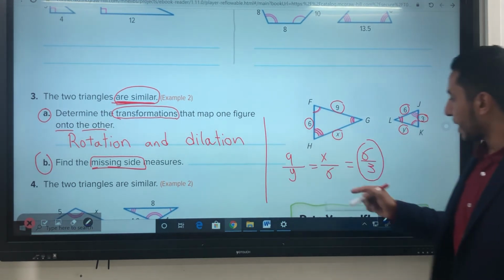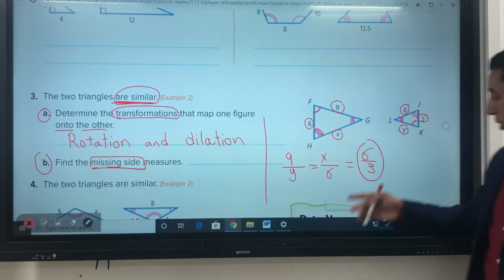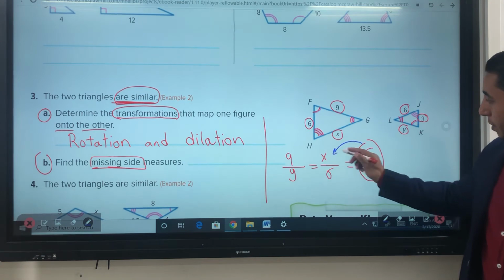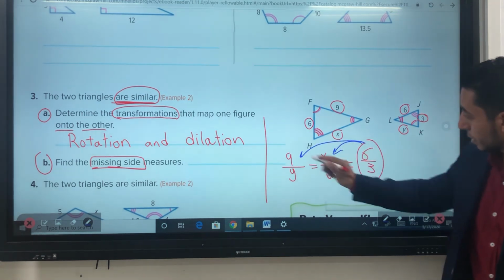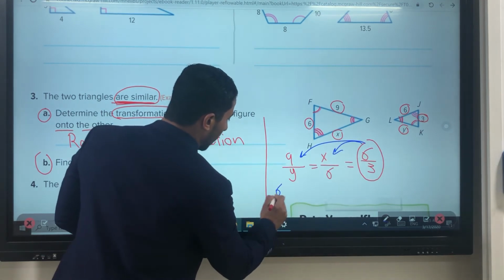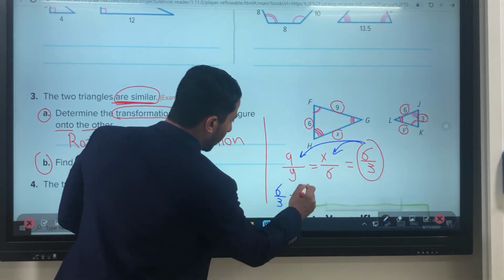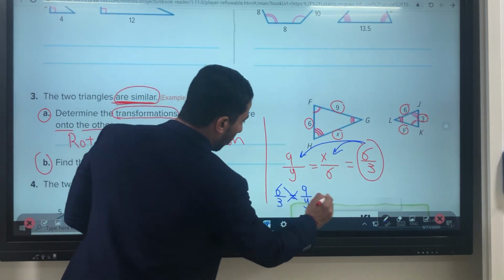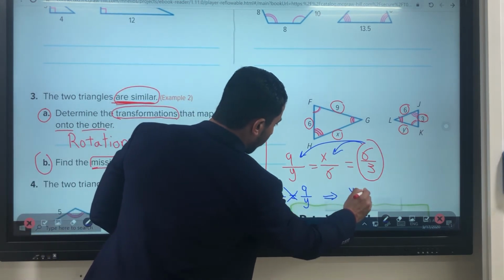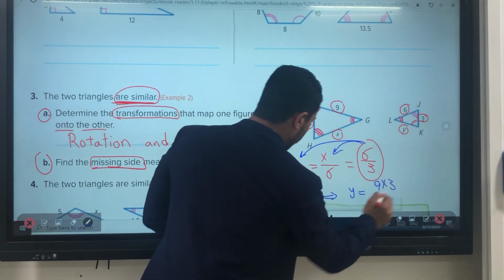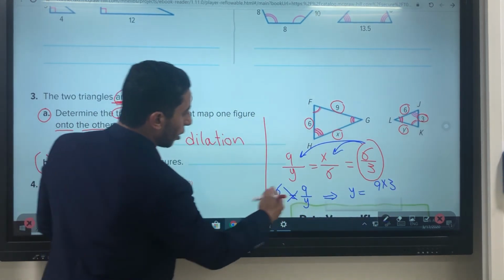So I want to find x and find y. So use this full ratio between here and here. So 6 out of 3 equals 9 over y. And the cross multiplication, so y equals 9 times 3 over 6.